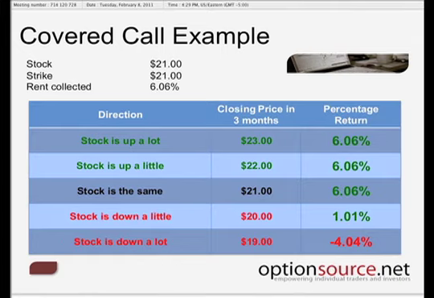And notice here that we basically got the same return with any price above $21. It could have gone to 25, 29, doesn't matter. We've made 6%. But that 6% cash flow that we made, that $600, represents a real return that cannot be taken away from us. That's very powerful.